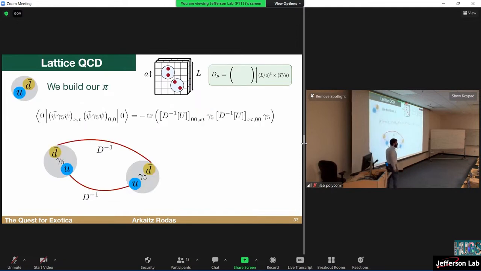So now the idea is that when doing these propagators, we can build pions. What is the definition of pion? As I said before, it is U D bar. Okay, the explicit one includes a gamma 5 inside, because can somebody tell me why is a gamma 5 in my pion and not a gamma 4?